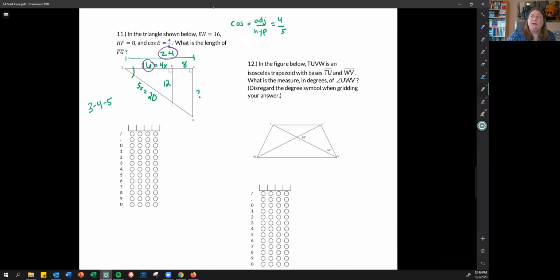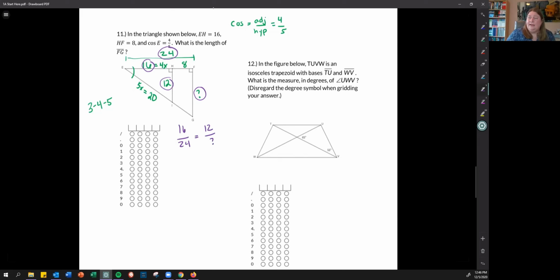But when we write the proportion, we're going to use the 24, not the 8, because we're comparing it to the whole triangle. And that would be in proportion to how 12 compares to this question mark. Maybe you can kind of see it intuitively. If you can, excellent. If not, just set up a proportion. 16 over 24 equals 12 over the question mark.